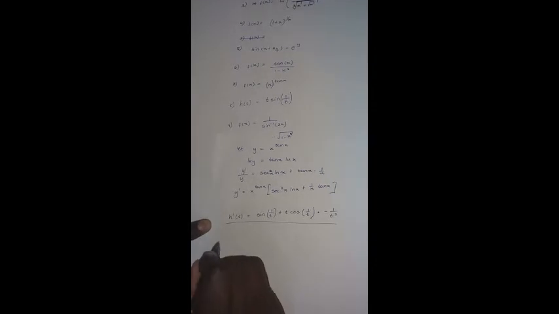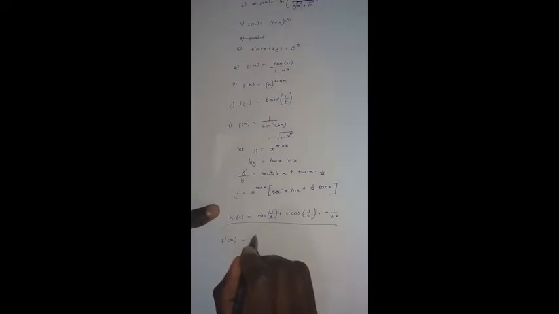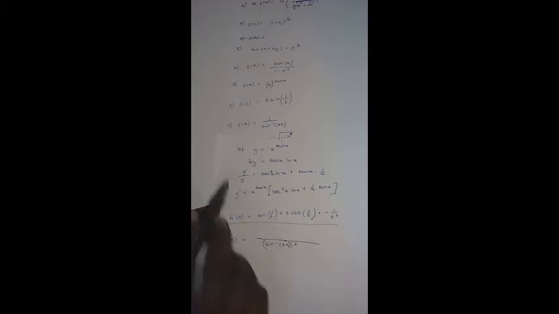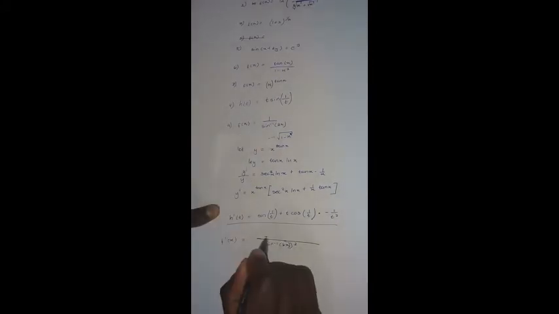So hence your derivative becomes, your denominator is going to be arc sine of 2x squared, and then the first part is going to be 0, so it's 0 minus, then minus 1 times the derivative of that.